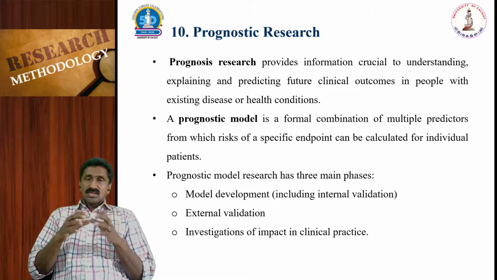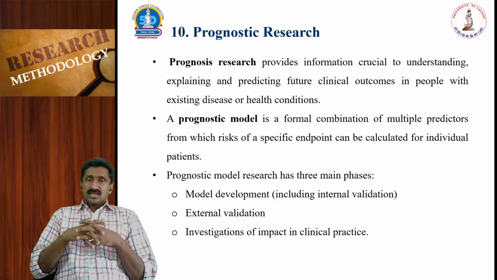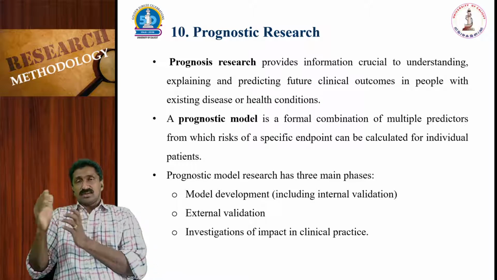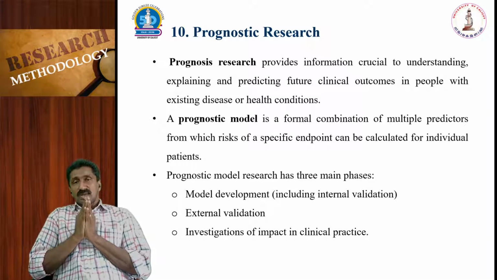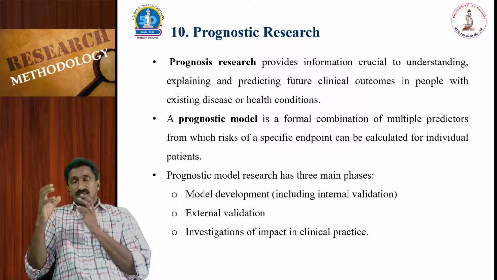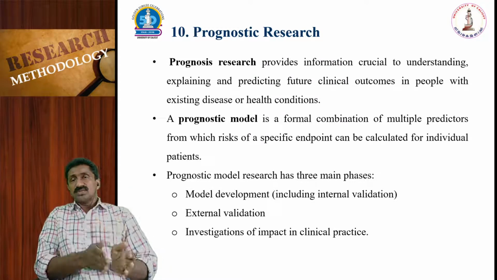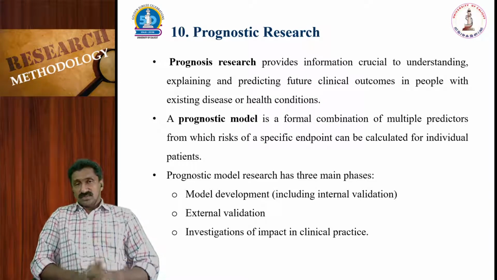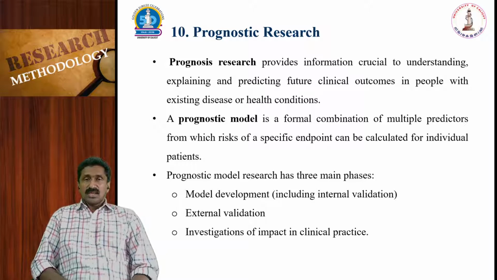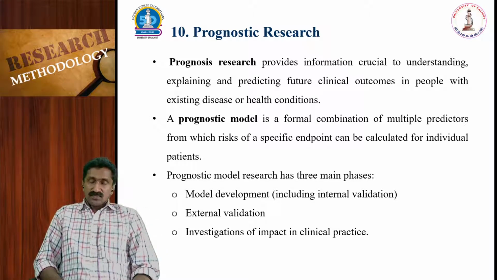The future outcome or endpoint of a patient can be predicted based on multiple predictive factors. So for every individual patient, you can analyze such predictive variables and try to reach a conclusion about their future disease condition.